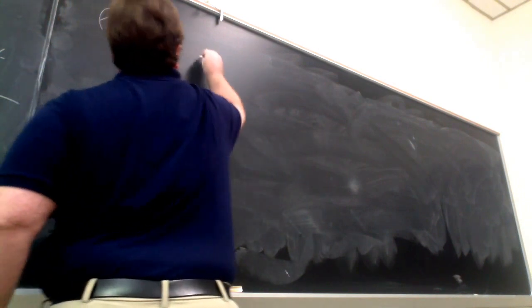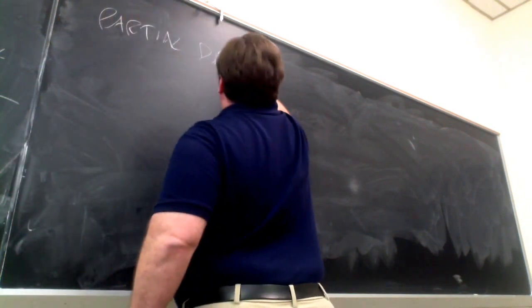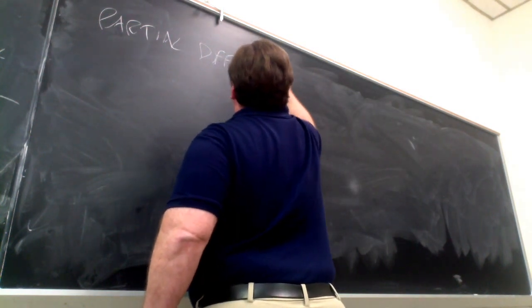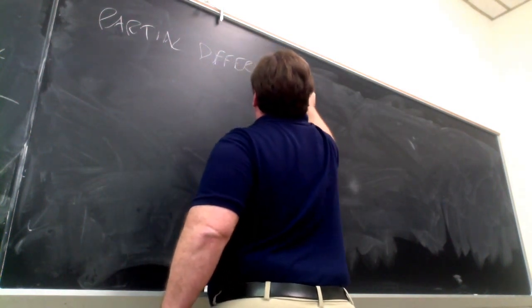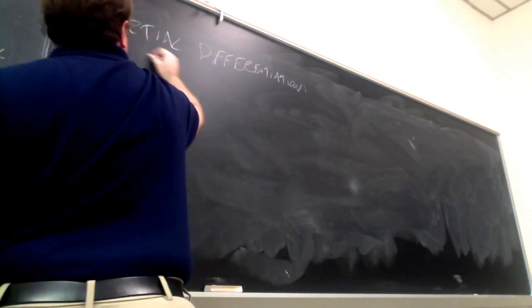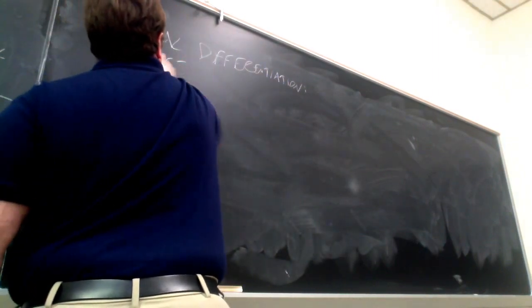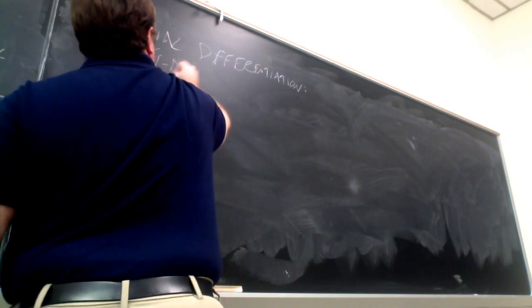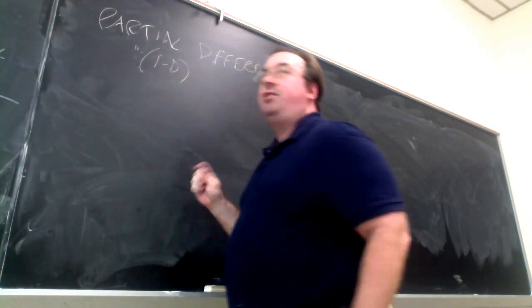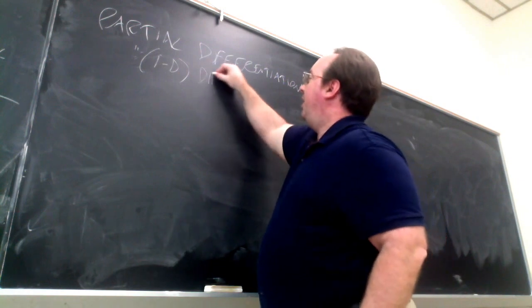So I can describe in just a few words how you carry out partial differentiation. Okay, so the idea is you're carrying out one-dimensional or single variable differentiation like you've always done.